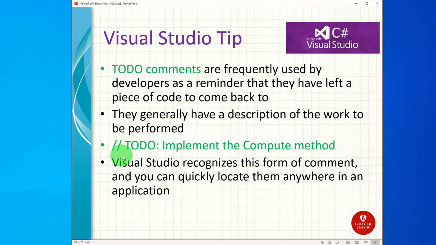And good thing is Visual Studio recognizes this form of comment and you can quickly locate all of these comments anywhere in the application. So let's quickly see how we can do that.